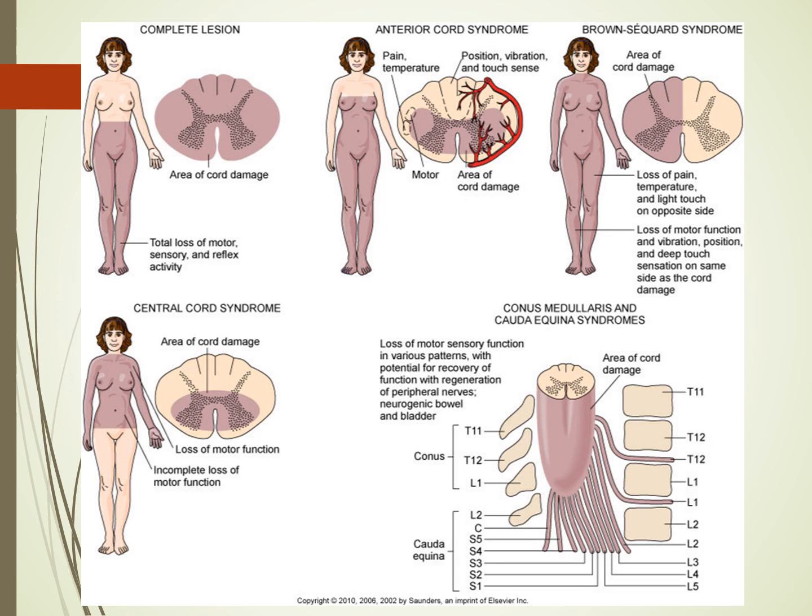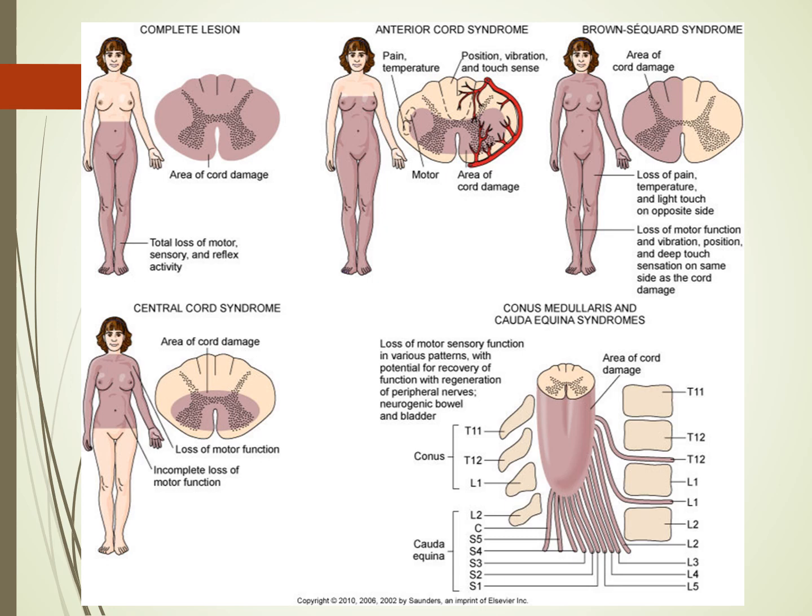The worst one, and the one with the most mortality, is the complete lesion, and that's in the upper left-hand corner there. You can see there above the umbilicus, total spinal cord, it's been severed. So there's total loss of motor, sensory, and reflex activity for that person. And that's probably about 40% of spinal cord injuries are complete lesions.